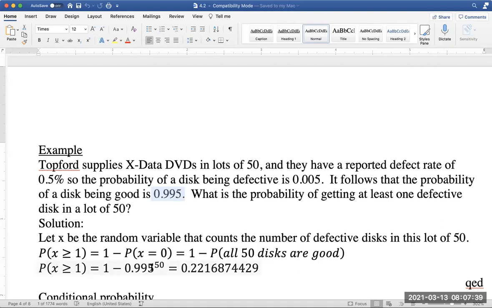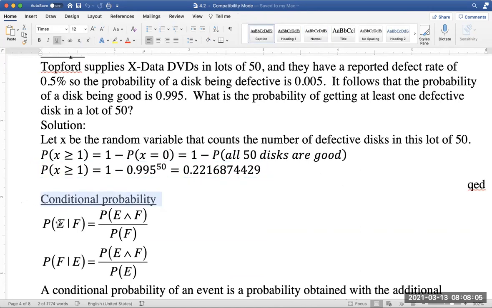There are 50 of them, so this will be 0.995 to the power 50. So 1 minus 0.995 to the power 50 is 0.2216874429. And that's the probability of having at least one defective disk in a lot of 50.